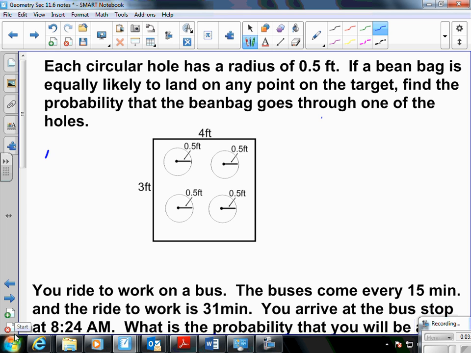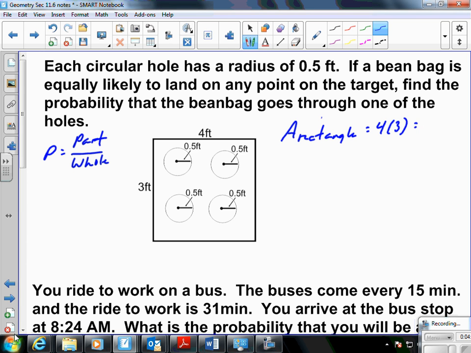So remember, our probability is still going to be the part divided by the whole. So the part in this case is the 4 circles, and the whole is going to be the rectangle. So the area of the rectangle, of course, is length times width, so 4 times 3.